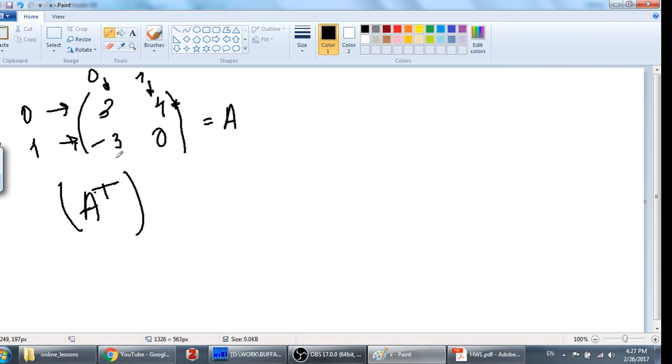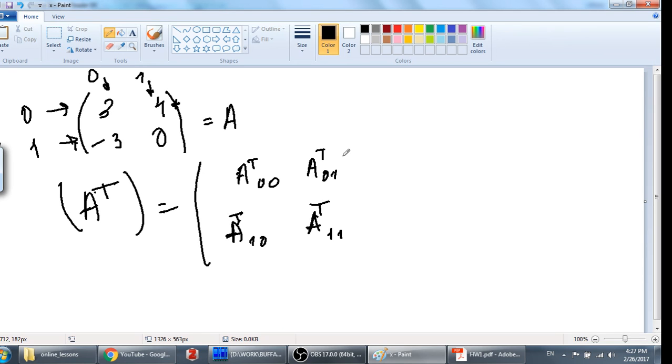or matrix elements of the transposed matrix, you basically go by that. So this is A transpose: A transpose 0, 0, A transpose 0, 1, A transpose 1, 0, and then A transpose 1, 1. That's how you define this matrix.